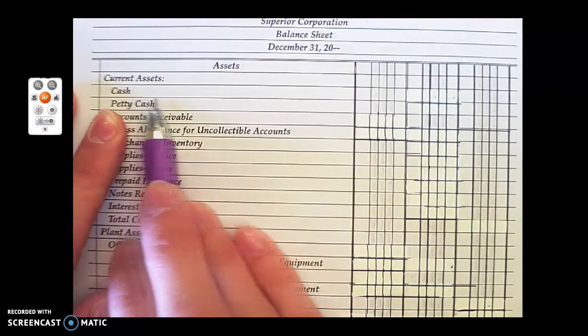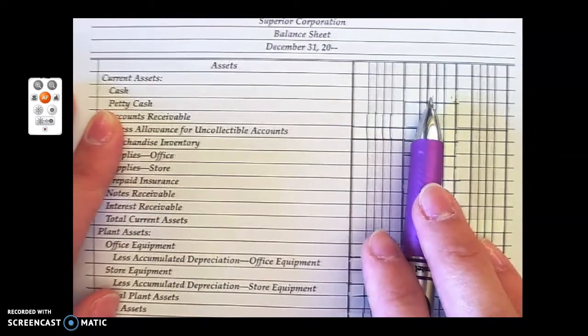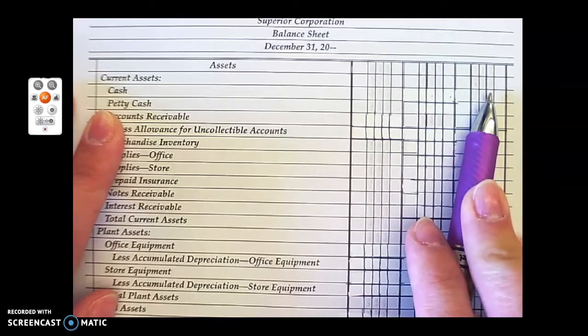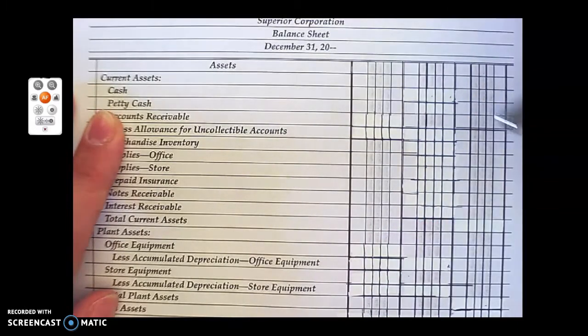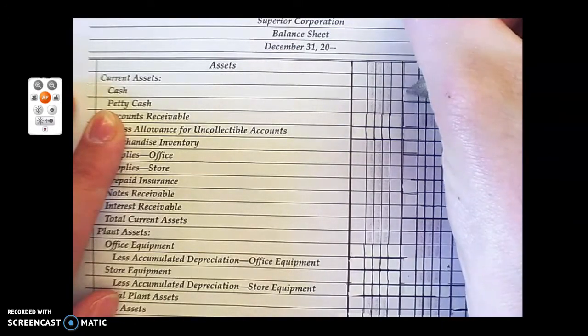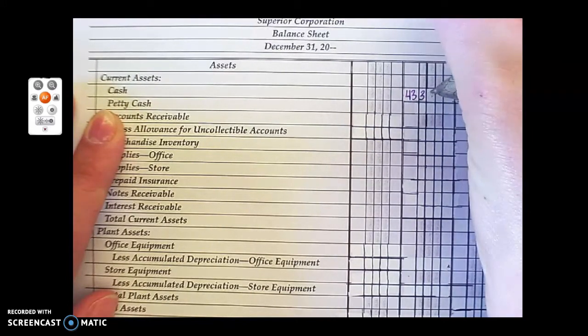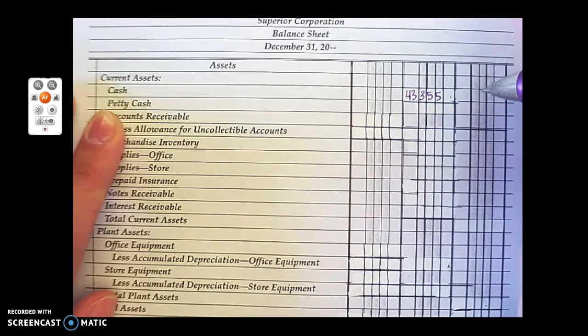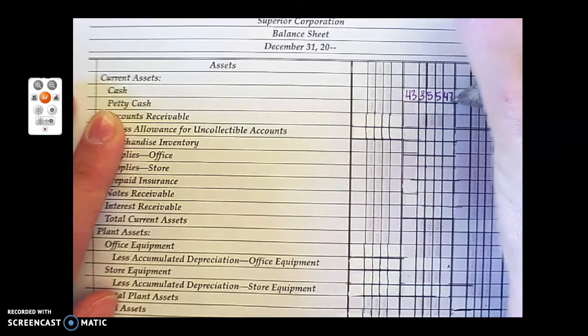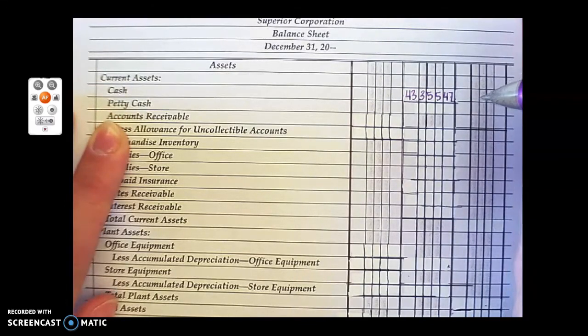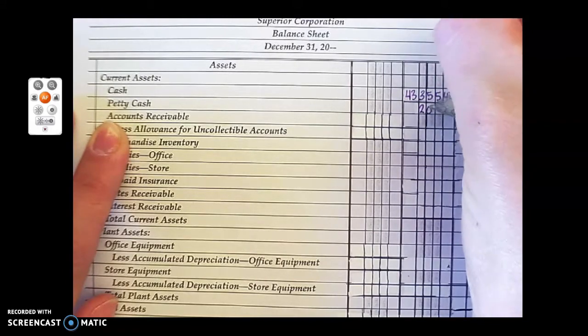And we will put these in our middle column because the far right column will be used for our totals. So our first one we have is cash. So if you look at your adjusted trial balance, our cash is $43,355.47. Next we will list petty cash, which is $200.